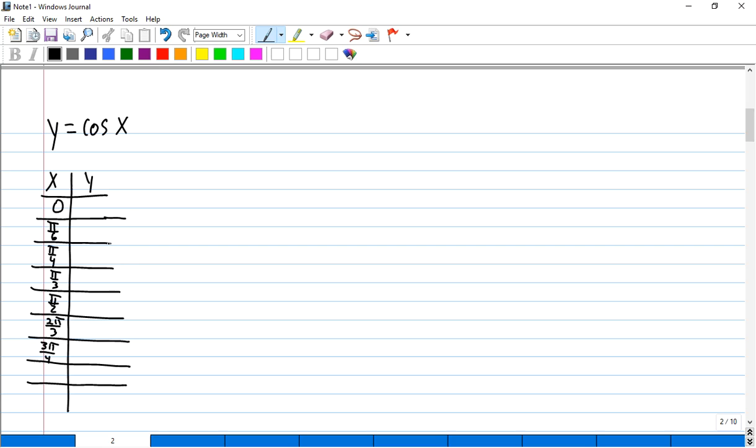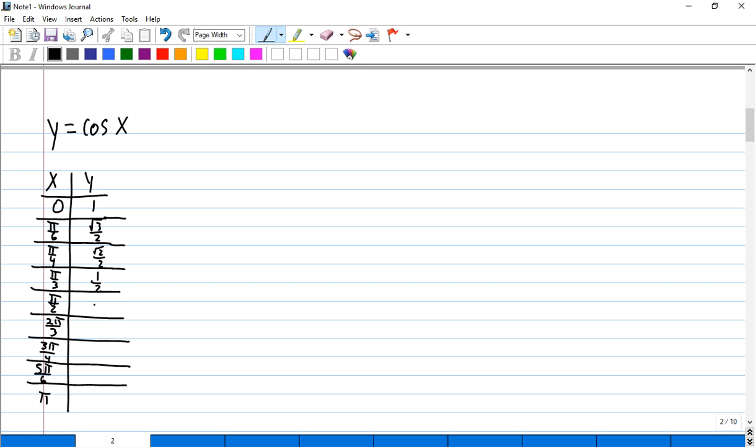My table's starting to look a little crazy. That's okay. 5 pi over 6 and pi.